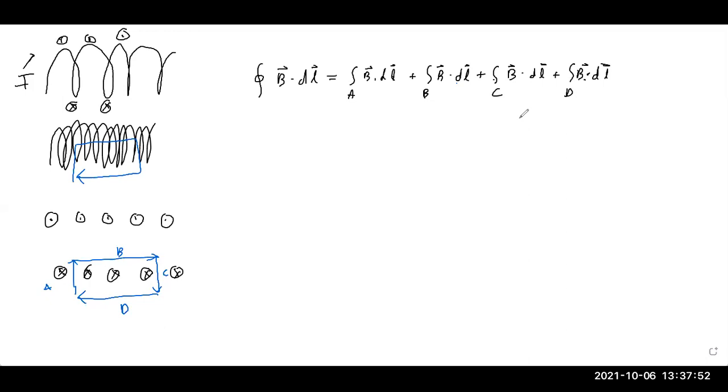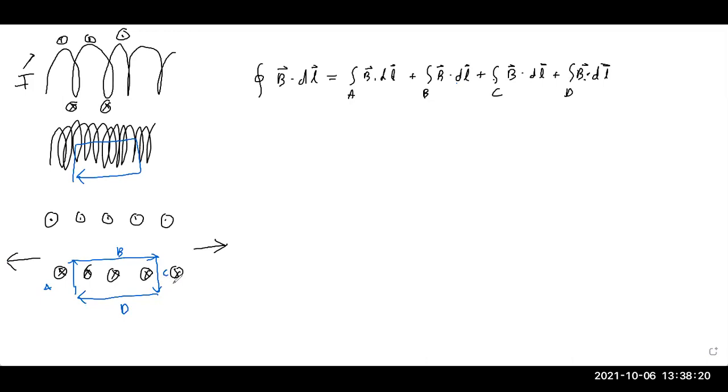For A and C, if we have a very, very, very long loop, and it just keeps going far in that direction and going far in that direction, then the step up, the place where A goes in is pretty much the same as the place where C goes out.